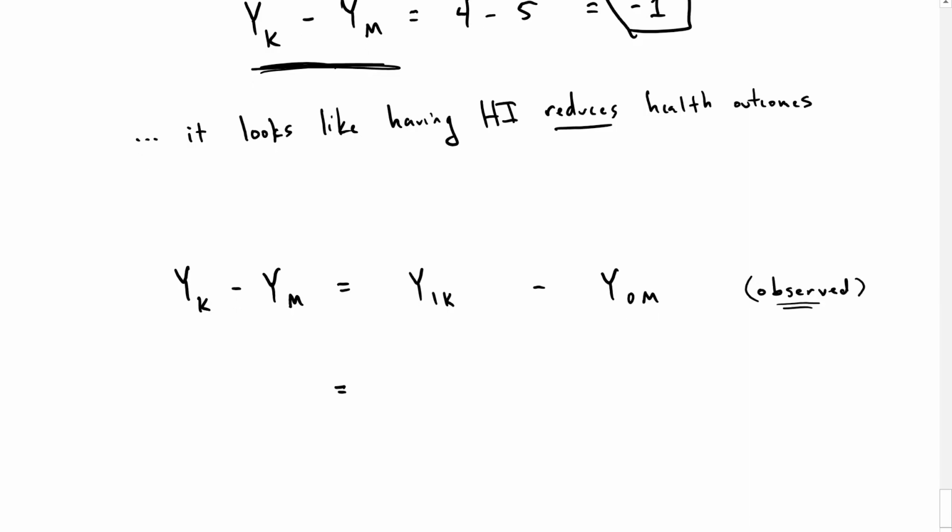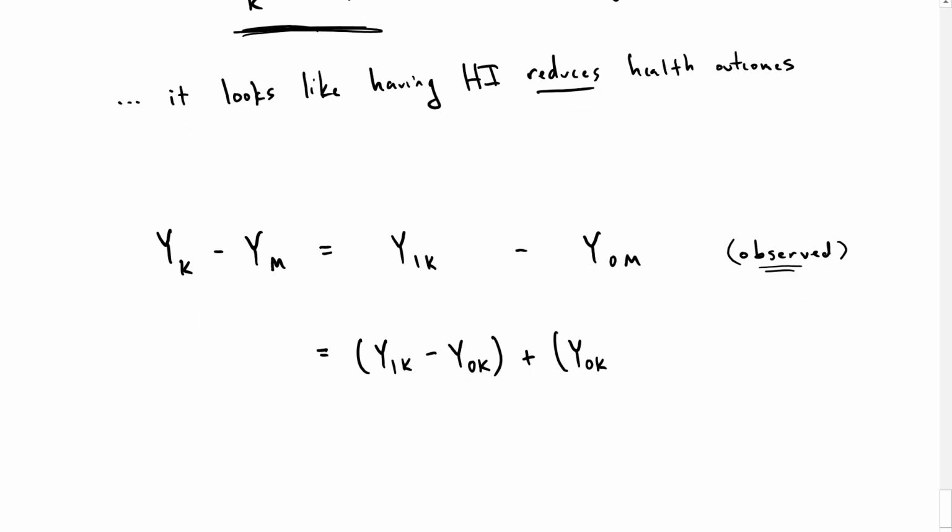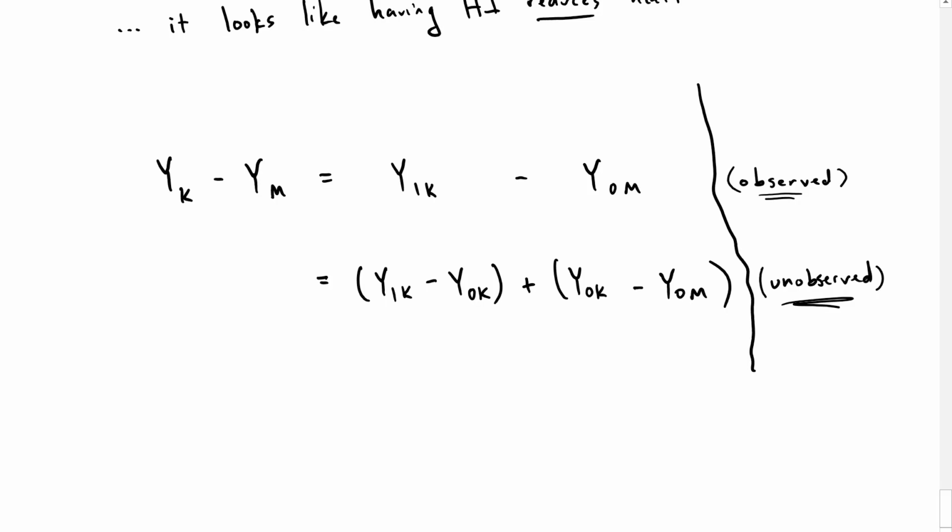But what this is actually equal to is Y1K. And if we add and subtract, so this is an equal equation, I'm going to subtract Q-star without health insurance, and then add that back in. Add and subtract, those cancel out to be 0, so it's the same as above. Minus Y0M. And note, this is unobserved. We don't actually see this.